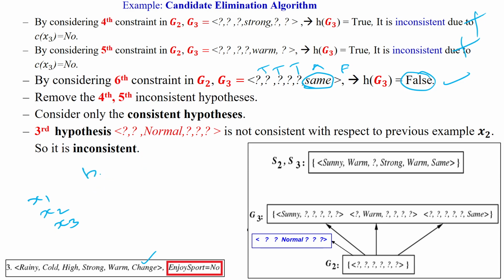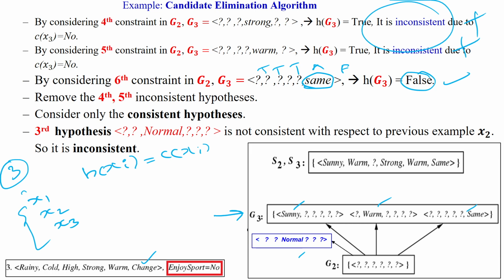The hypothesis should satisfy c of xi for all the xi with respect to these iterations. Three iterations done, three examples we have done. So we have to check with all the three examples. So we now have four consistent hypotheses: one, two, three, four. These two are inconsistent hypotheses.